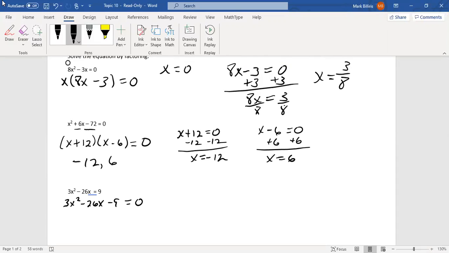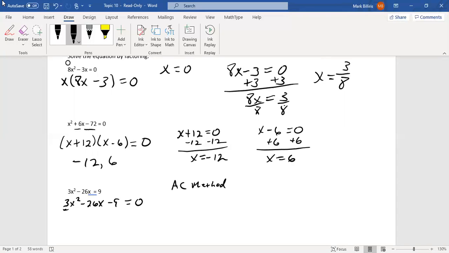In this case, we look to see if anything divides evenly into 3x squared, negative 26x, and negative 9, and there's nothing that does. We can't use the shortcut because our leading coefficient is 3, so we're going to use that AC method of factoring.